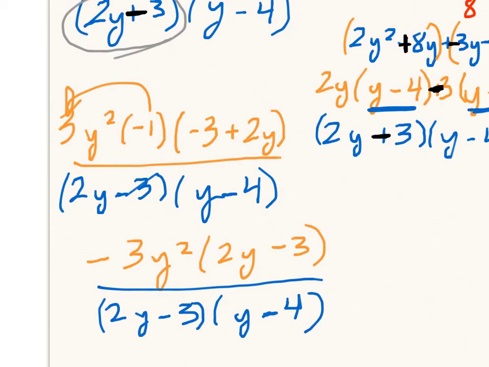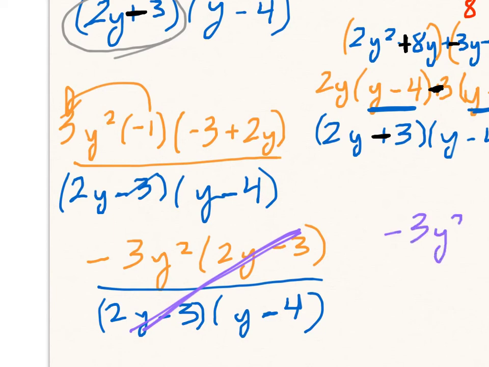Can we factor any more? That has a degree of 1, y to the first. 2 and 3 don't have a common factor. There's nothing else multiplied or divided together up there. That has a degree of 1. That has a degree of 1. No common factors. Oh good, we're done. Time to cancel. What's left over?